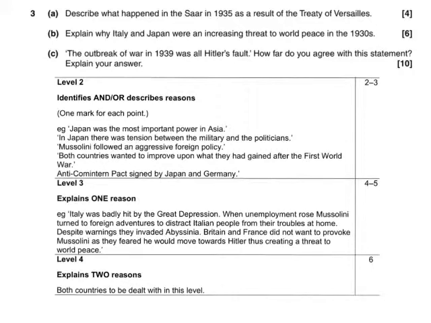Notice that final phrase, 'thus creating a threat to world peace', links back to the question, threat to world peace in the 1930s. So I've actually addressed the question, and I'm no longer asking why this increased the threat to world peace.